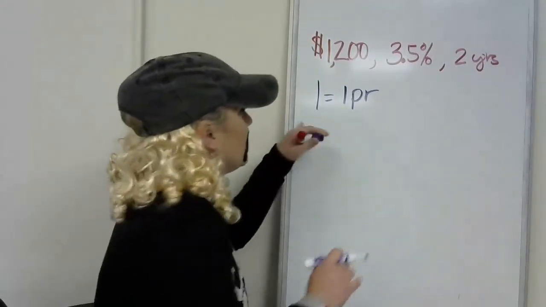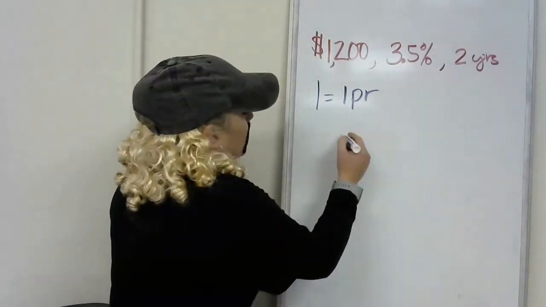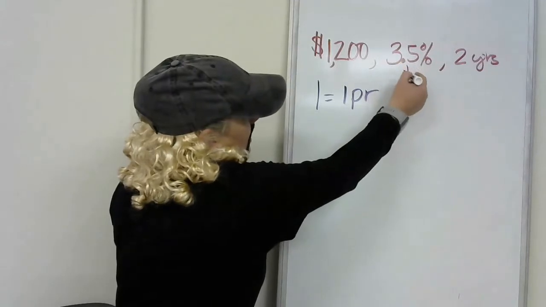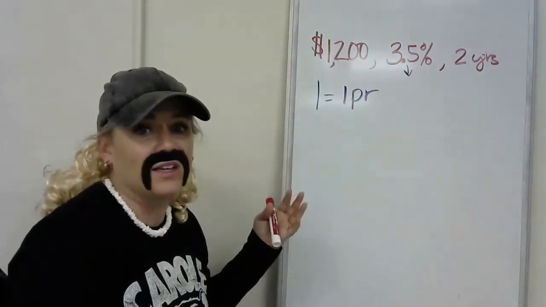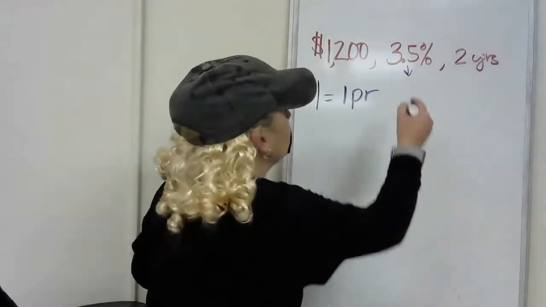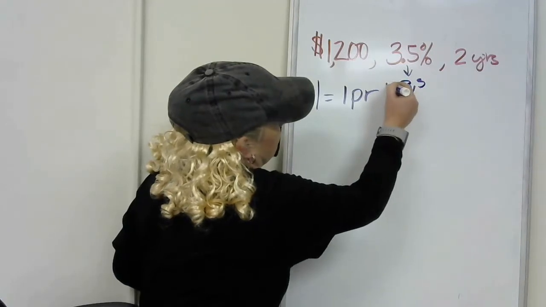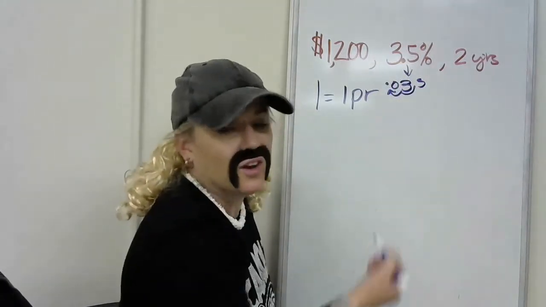Alright, so let's say we have $1,200, that's our principal. So we're gonna do our interest, and again, just like the last 2 days, we gotta turn that 3.5% into a decimal. So 3.5, move it 2 places to the left, okay?